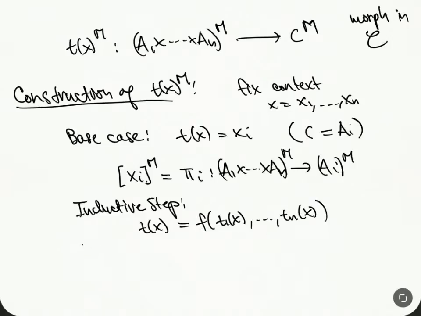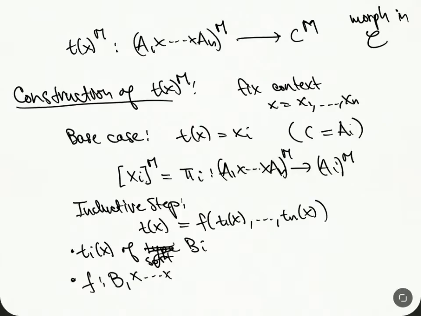That means ti of x has sort, let's say bi, and then f, using the notation that we had for function symbols, needs to be of the appropriate type.